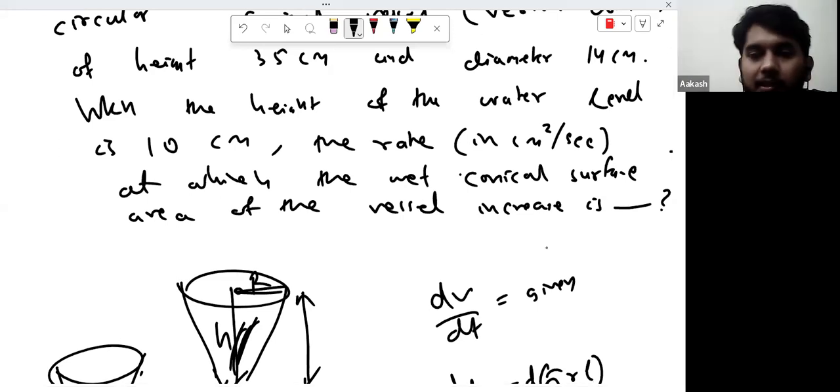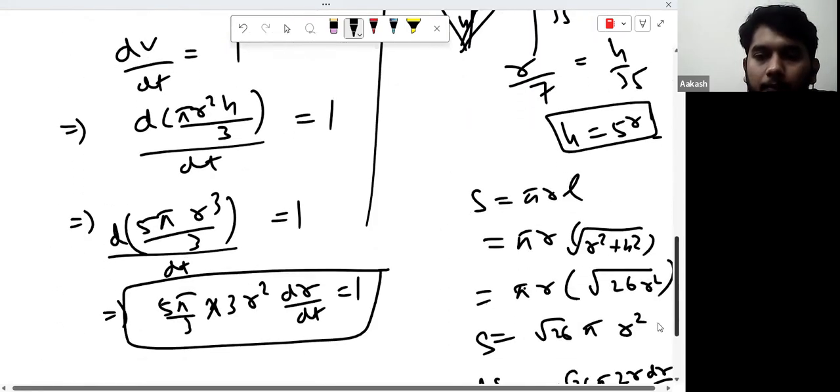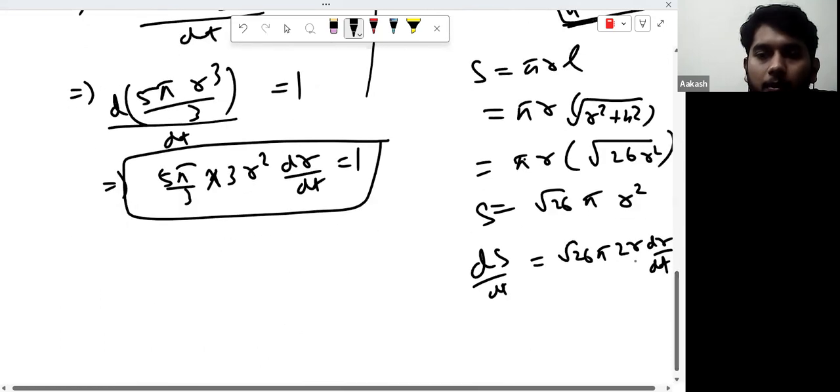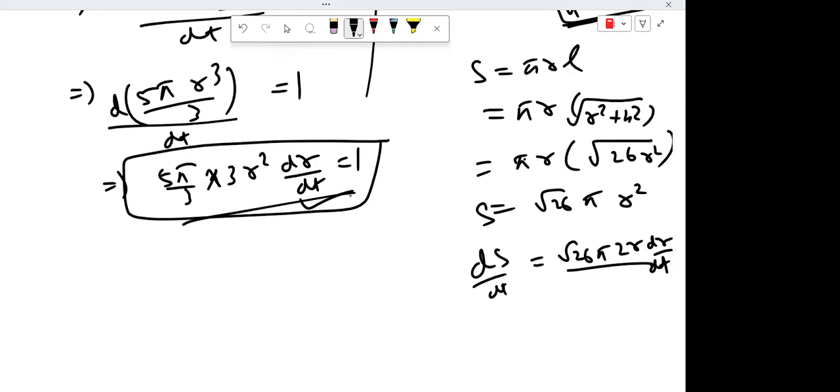Sorry, height is given as 10. So if height is 10, then r must be 2. So if you put 2 here and here, you will get dr by dt. Yes, sir.